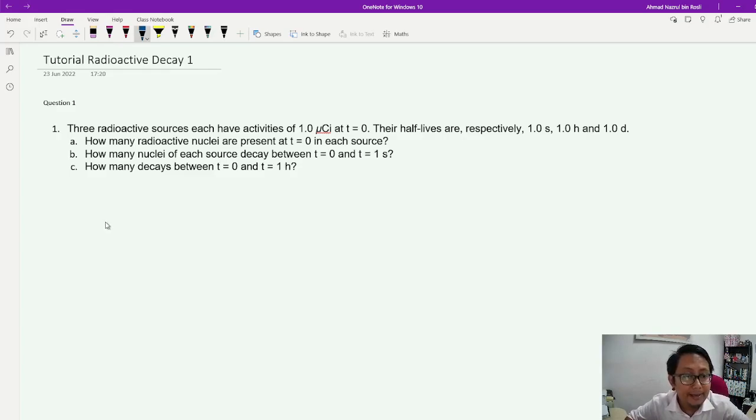Question number 1A: how many radioactive nuclei are present at t equals 0 in each source? I'm trying to answer these two.